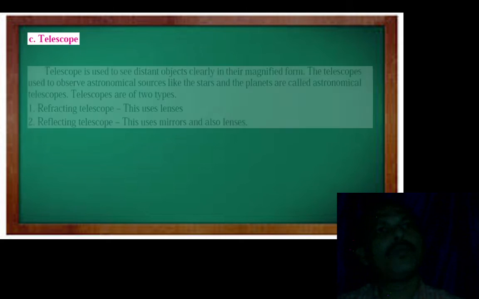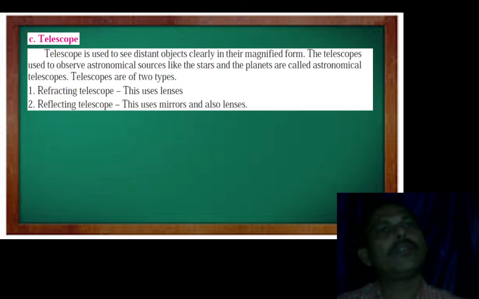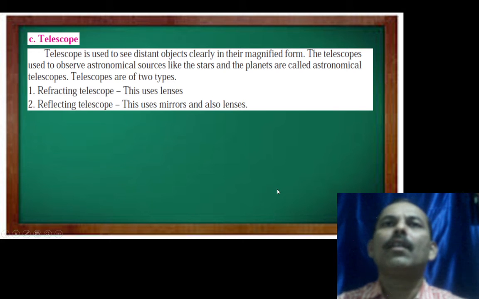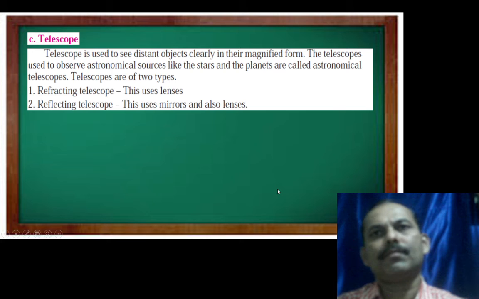And in a telescope, we are using two convex lenses for observing objects which are very far away. This telescope is used to see a distant object clearly in its magnified form.